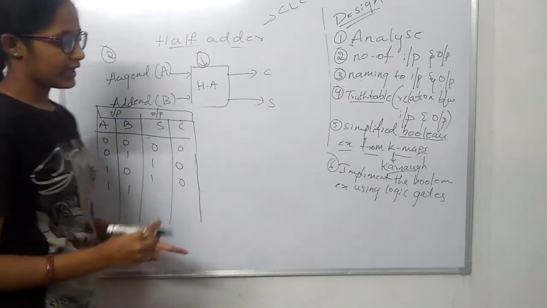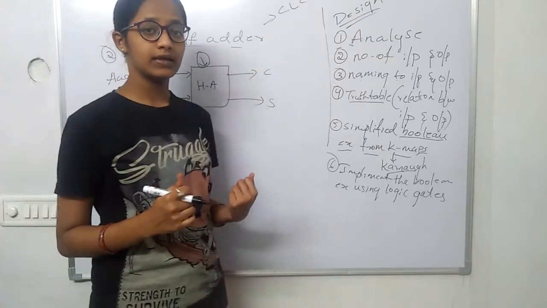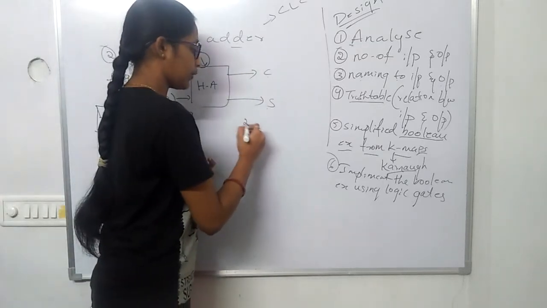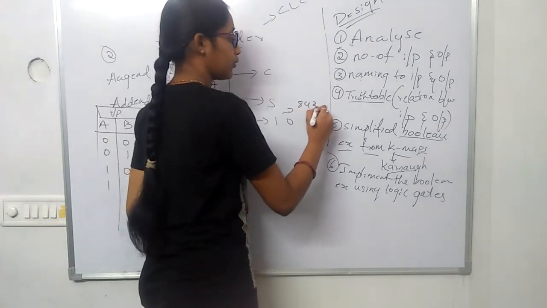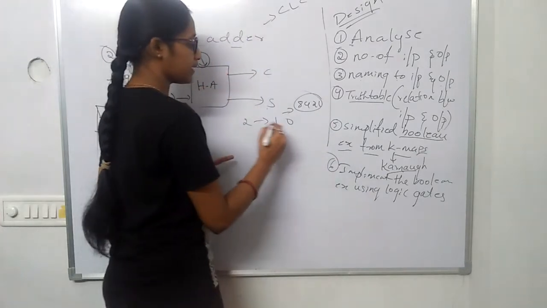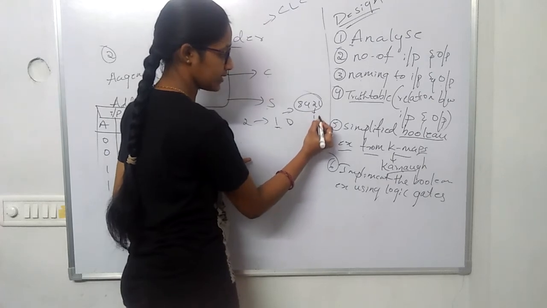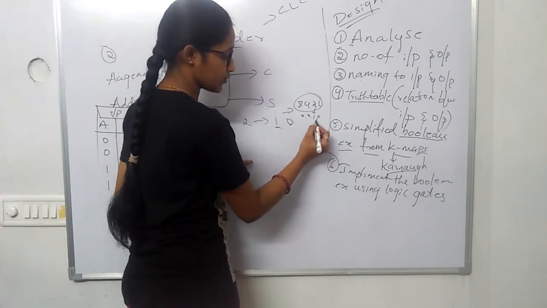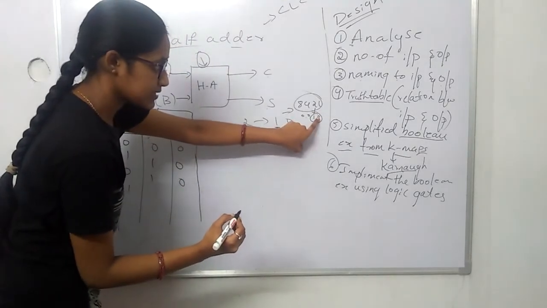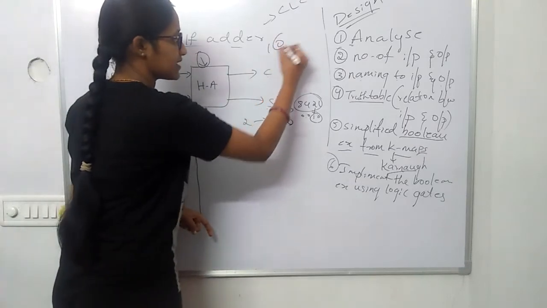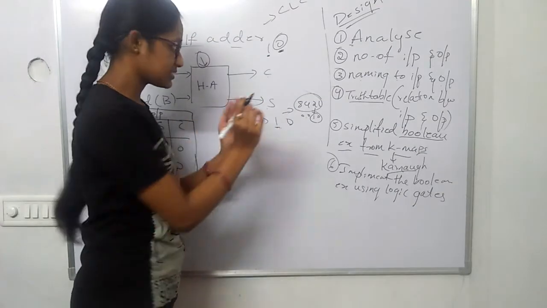So 1 plus 1, in general, is equal to 2, that we know. But in binary, 2 is represented as 10. Why? As it follows the 8421 code, in 8421 code we represent 2 as 0010. So 10: sum is 0, and the digit in the 10th position we take as carry.